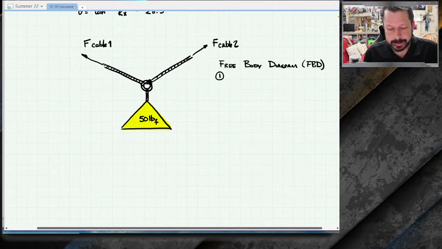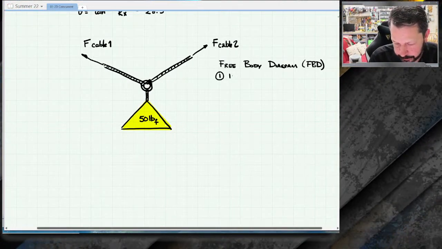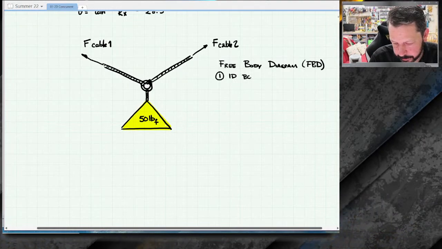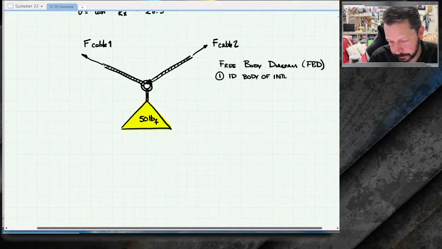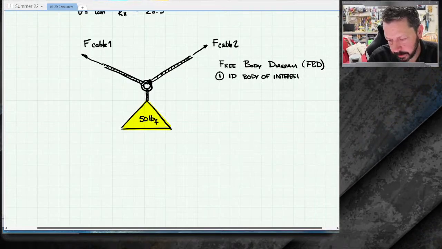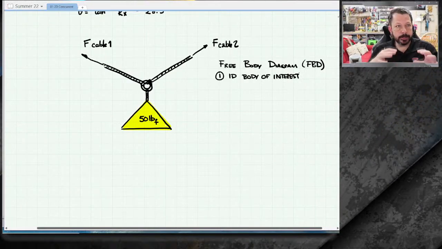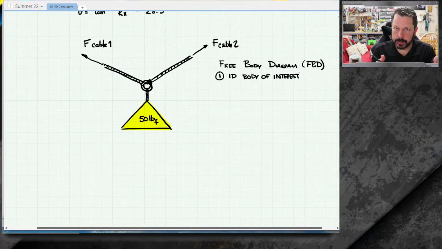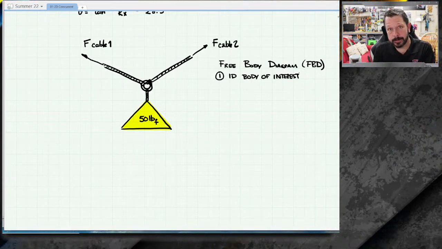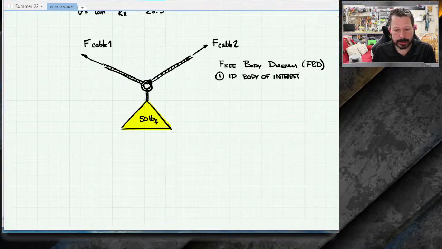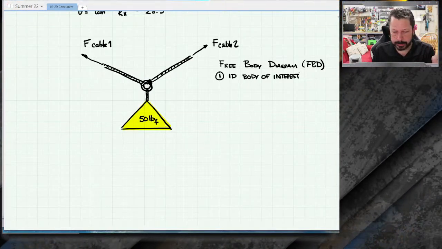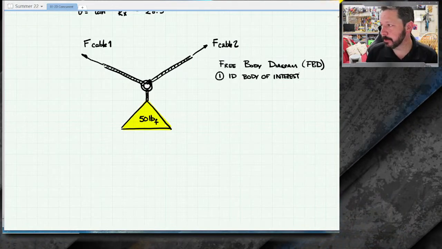Step 1 is identify the body of interest. So I'll just do ID body of interest. This could be a bunch of things that are bolted together, welded together. It could be a piece of a bigger thing. Or it could just be one element. In this case, I'm thinking one element, just the ring. So the ring is the body of interest for us.